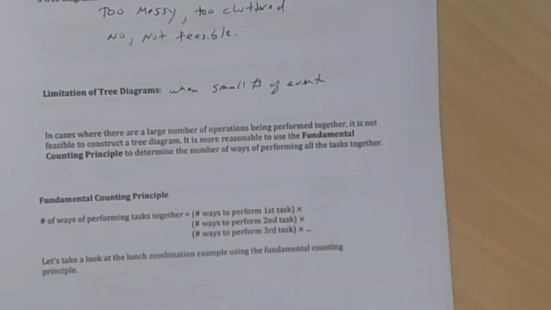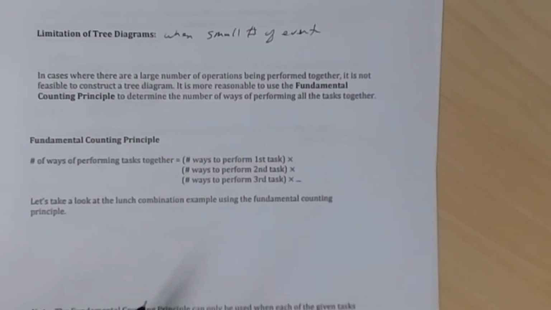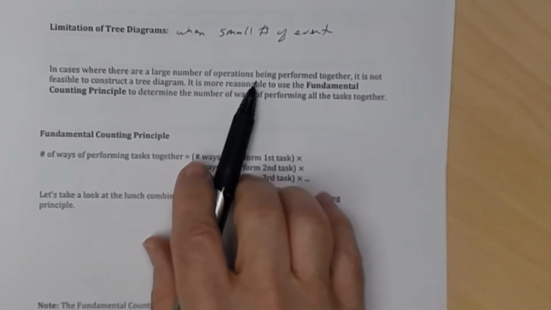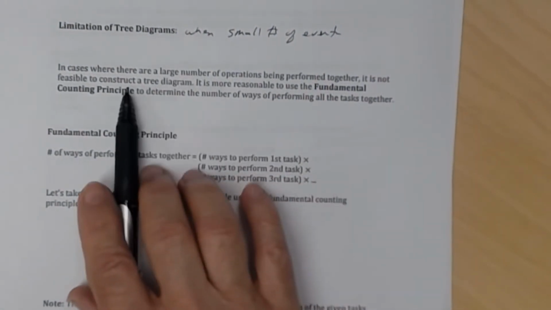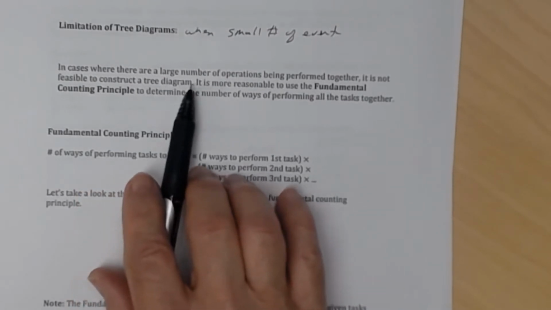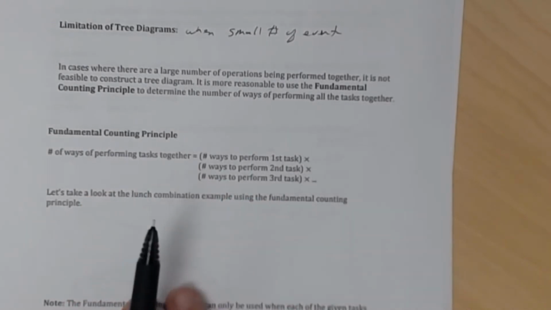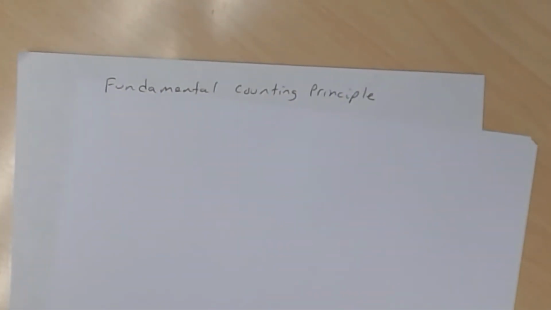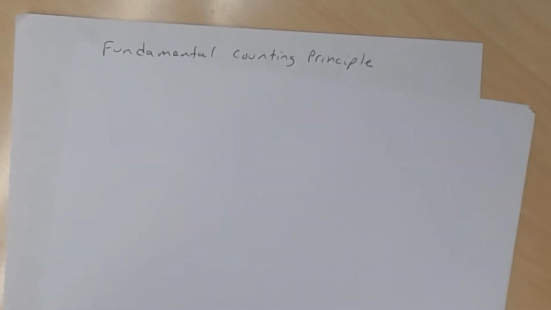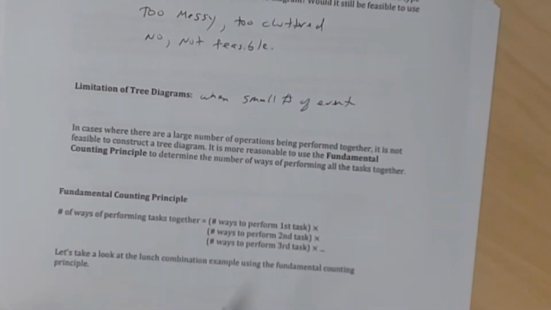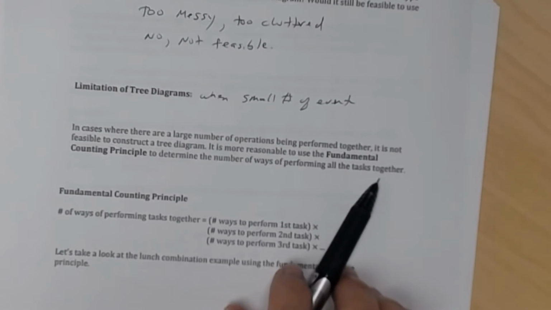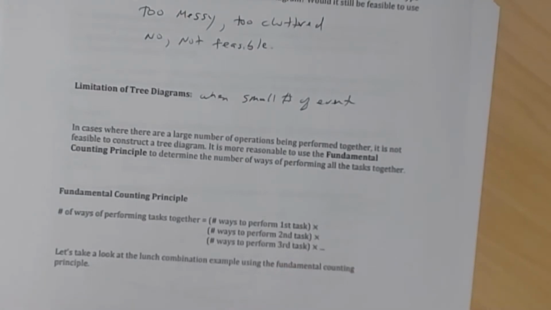In cases where there are a large number of operations being performed together, it is not feasible to construct a tree diagram. It is more reasonable to use the fundamental counting principle. And that's what this section is about, the fundamental counting principle, to determine the number of ways of performing all tasks together.